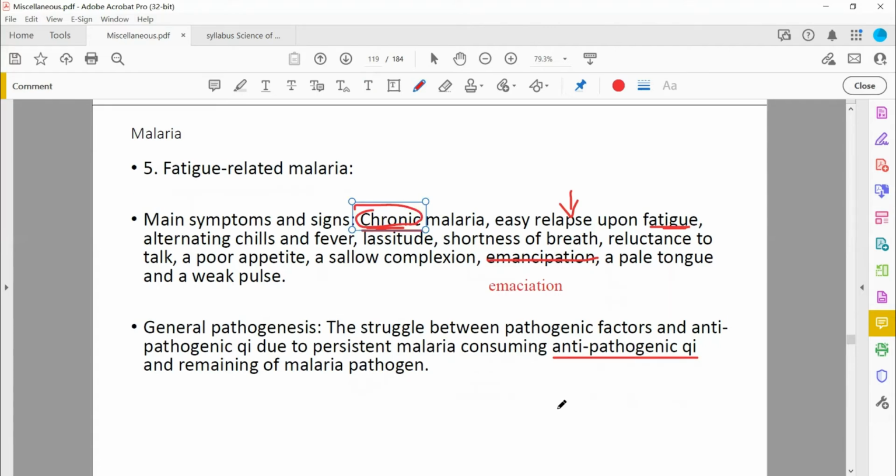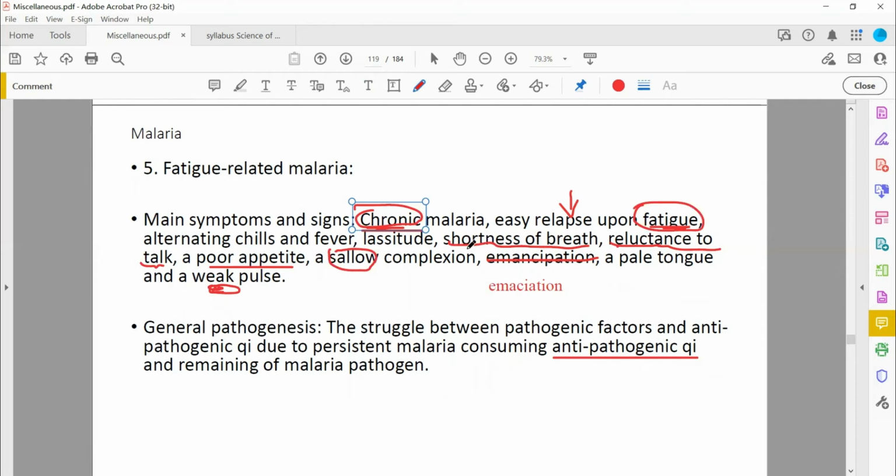All right. So see this one. Shortness of breath, reluctance to talk, right? Poor appetite, sallow complexion, weak pulse, and the symptoms are worse upon fatigue. Manifestations show it's worse after activity.